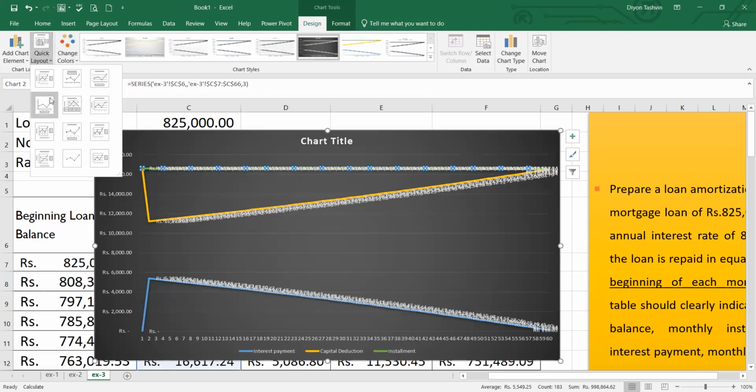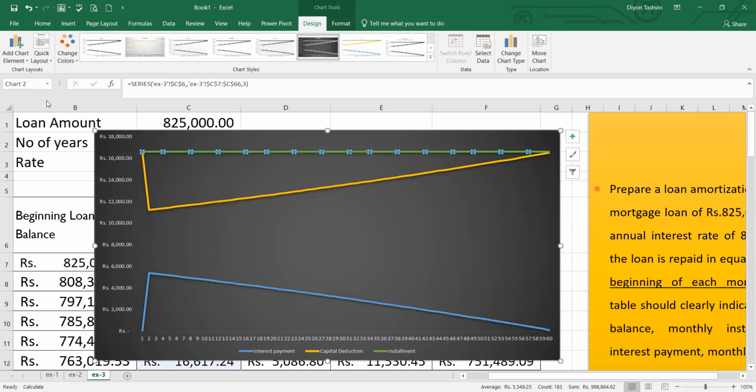So I'm going to keep a balanced option, then it's easy for you. Likewise, you can change or amend the chart. So please go through these two questions carefully and try to create a chart as well from this loan amortization table. Thank you.